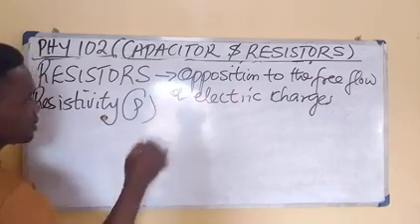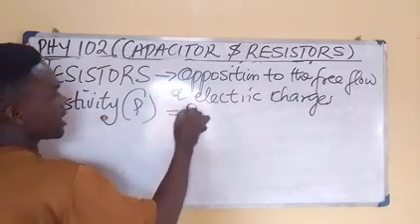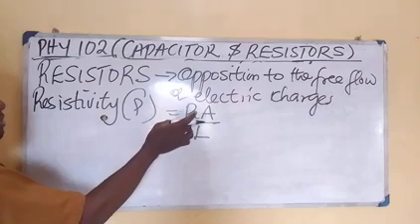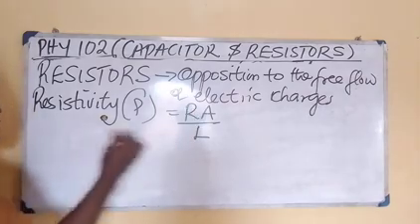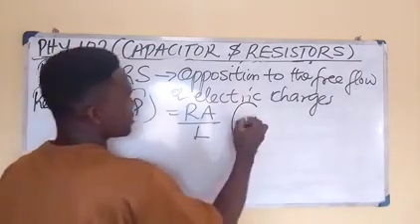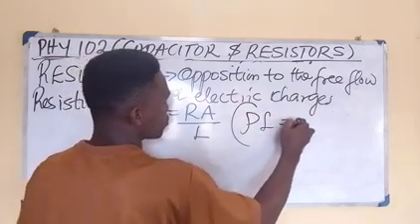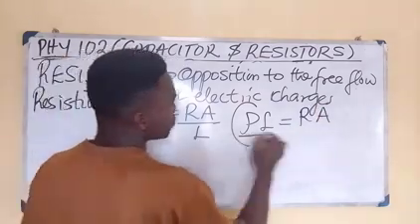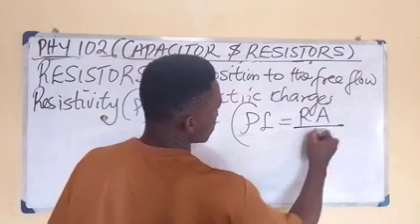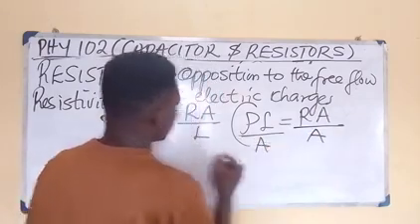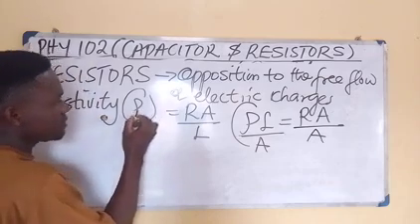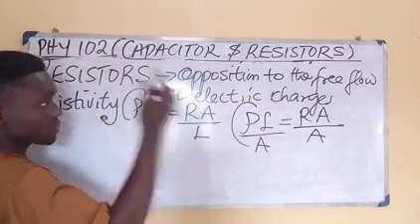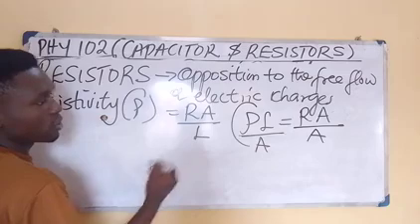And for resistivity, we have the formula as RA over L. If I want to make resistance the subject of the formula, I'll have L equal to what? RA. So I'll divide both sides by A. So resistivity is the product of the resistance times the area over length.